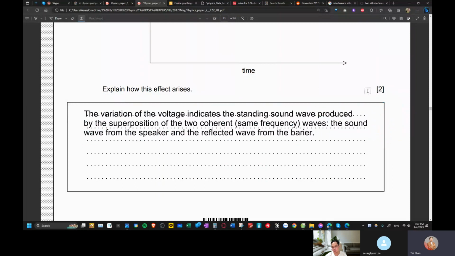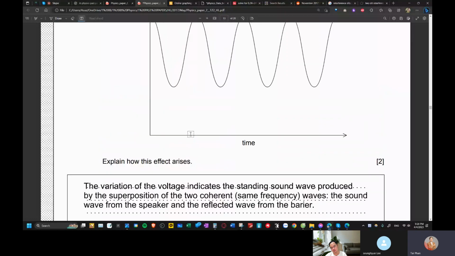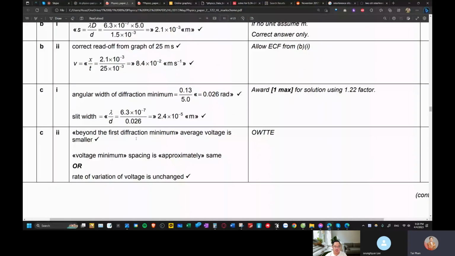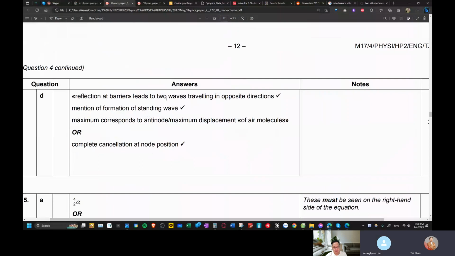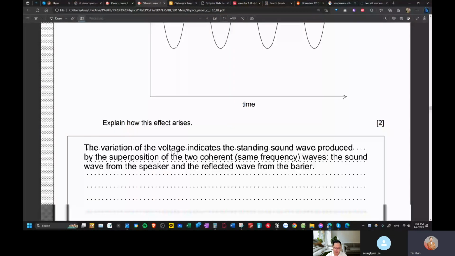That is 2 marks. If it is 3 marks or 4 marks, we put in another more detailed explanation about out-of-phase waves canceling each other out, resulting in a minimum, and in-phase waves enhancing each other, forming a maximum. Reflection leads to a totally opposite direction. Mention formation of a standing wave. Maximum corresponds to an antinode. Okay, one more sentence. Wow, too complicated.